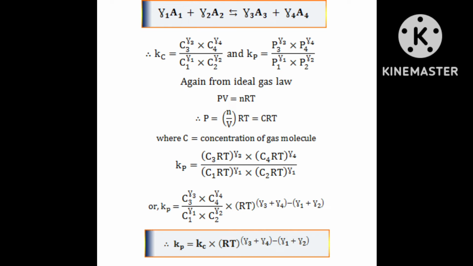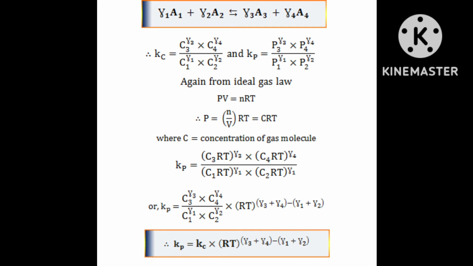In that Kp expression you have introduced the value of PHI, PH2 and PI2, that is equal to concentration into RT. Already you are knowing. Then RT square, all things will be cancelled. Then you will get only HI square divided by H2 into I2, that is equal to Kc. Then actually in this case you are getting Kp is equal to Kc.